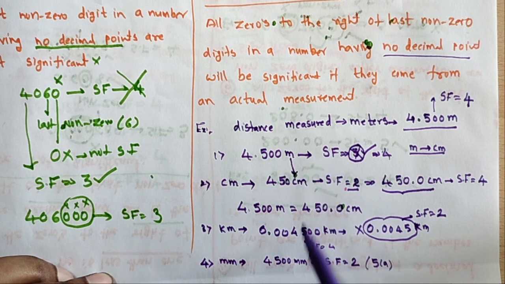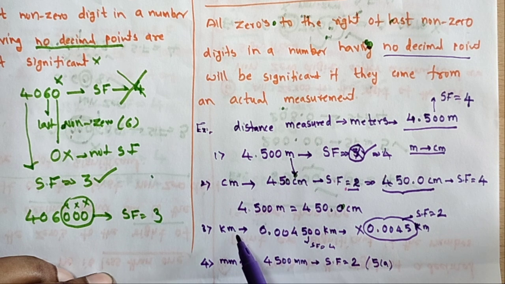These are very easy: meter to centimeter, centimeter to kilometer conversions are very easy. But the millimeter is very difficult, and a problem arises here. We cannot write 450 centimeters.